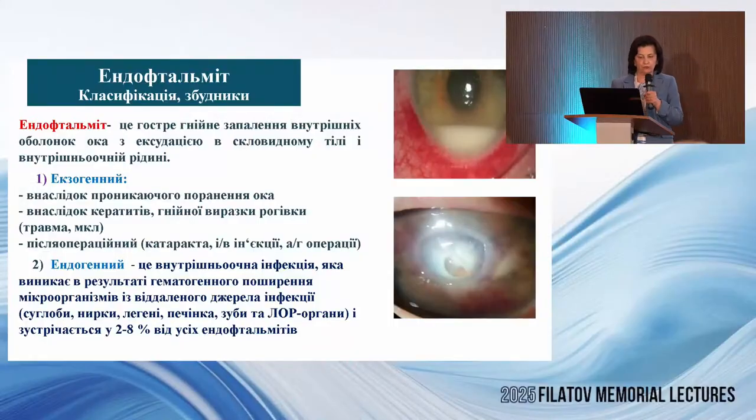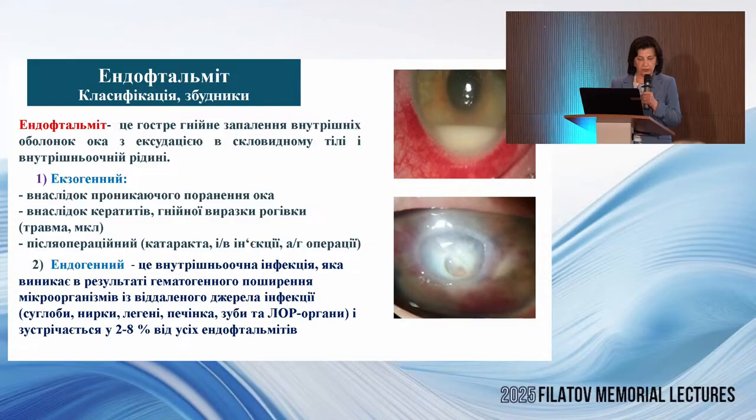Endophthalmitis is an acute inflammation of internal eye membranes associated with exudation into the corpus vitreosus. Endophthalmitis can end up both with loss of eye and with a progression of vision acuity. There are different kinds of endophthalmitis.